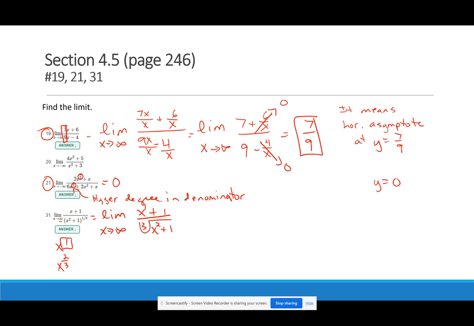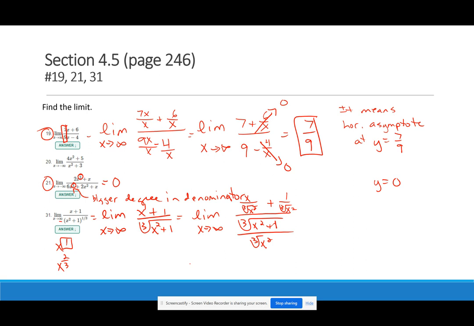Now, the way we wound up doing this when we did it officially was we divided the top and bottom by the largest degree in the denominator. So I'm going to divide by the cube root of x squared, top and bottom. And then this would be 1 over the cube root of x squared.